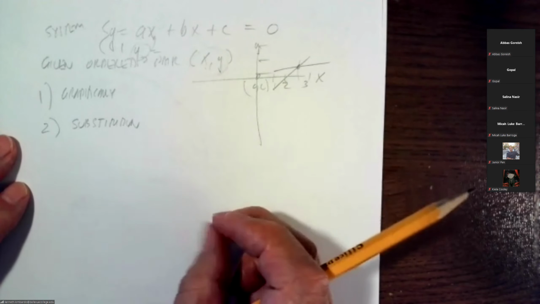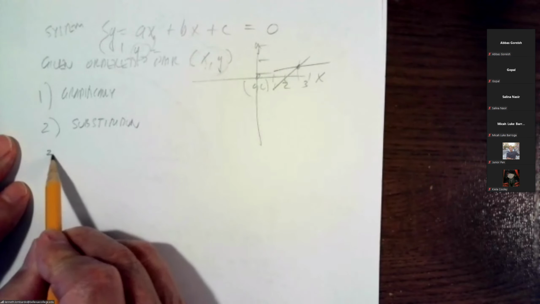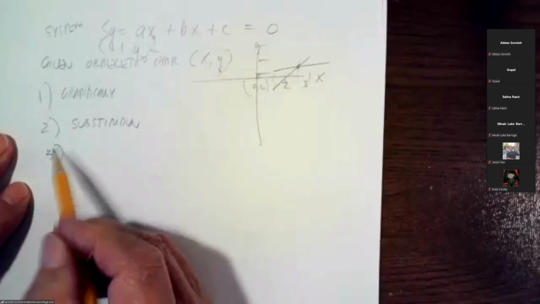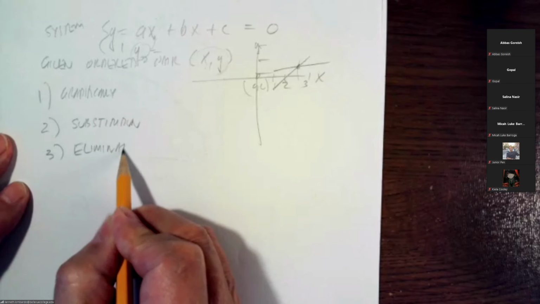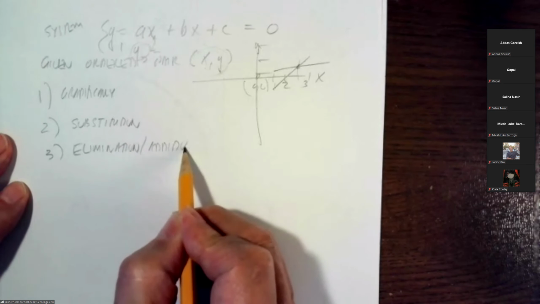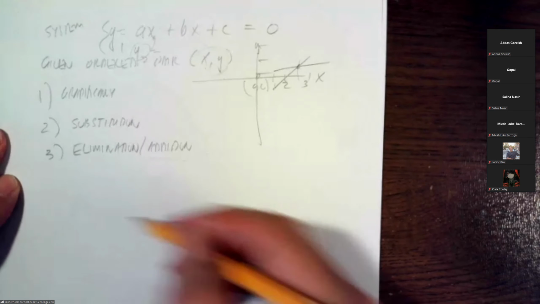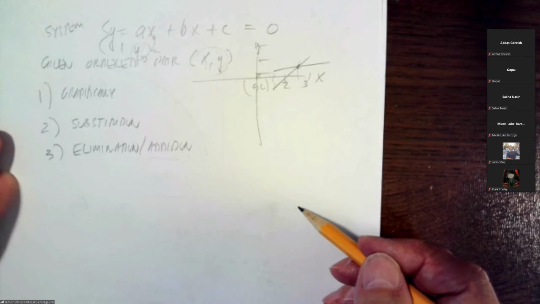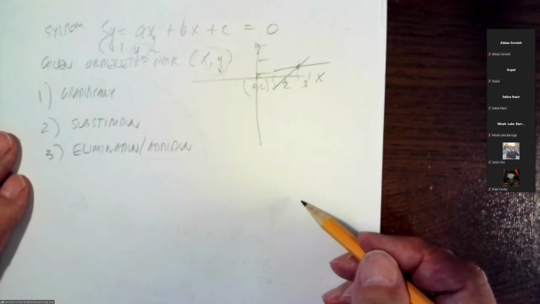Sometimes it's not the easiest approach, but it is an option. And the third method might be something which we could call elimination, sometimes called addition. And here we line up the two equations or more. We might have even more than 2 equations, and see if we can eliminate some of the variables.